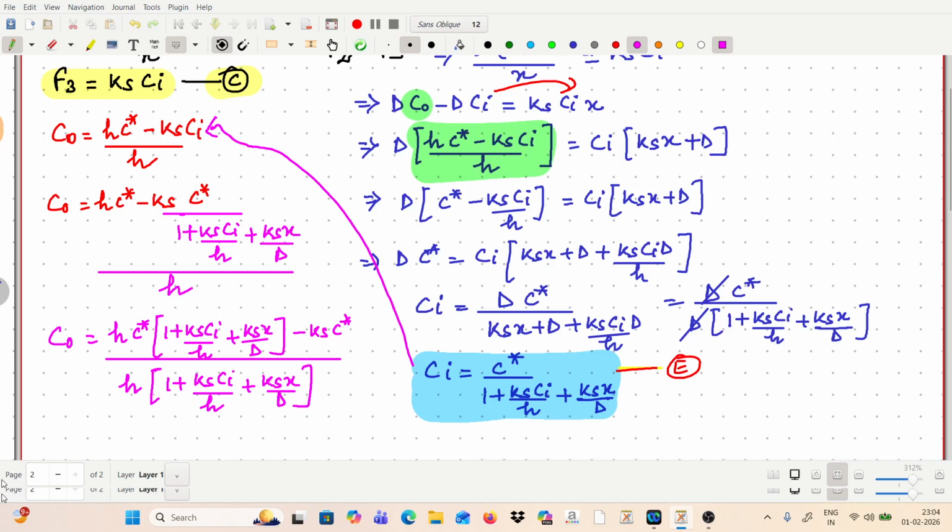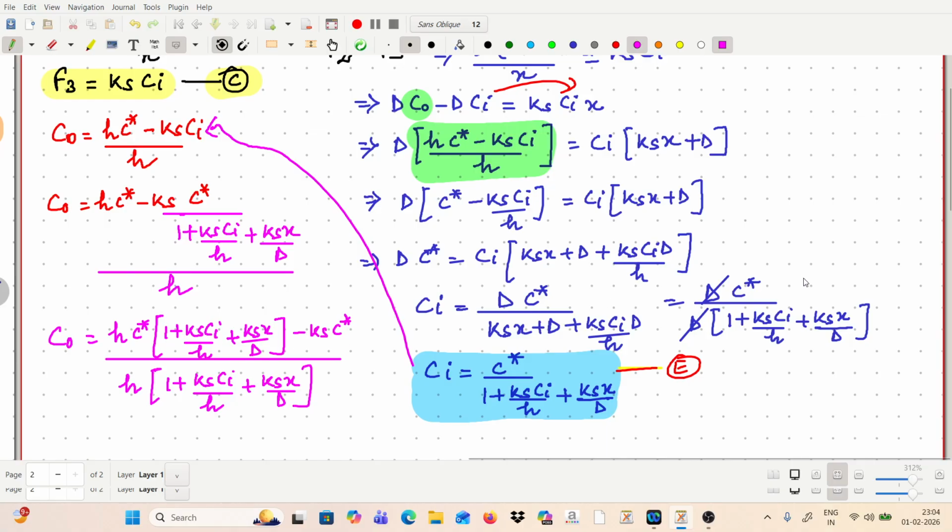Is it okay? Now if we multiply the whole term with H C star, so H is there.